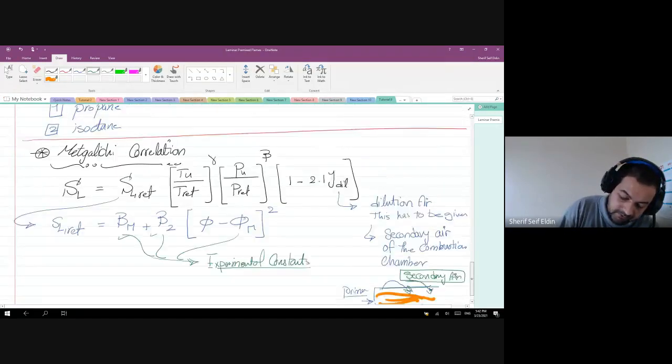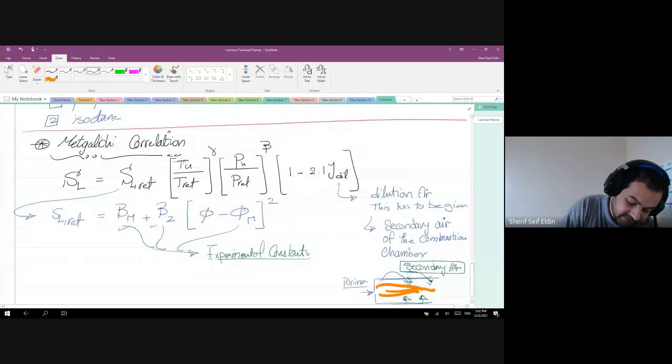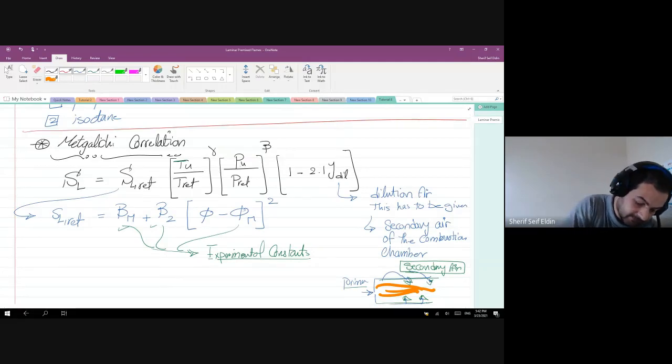Now TU is the unburned gas temperature, PU is the unburned gas pressure, and then alpha and beta.